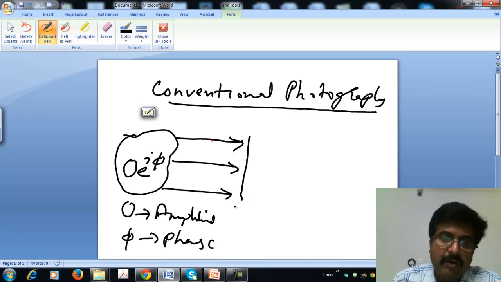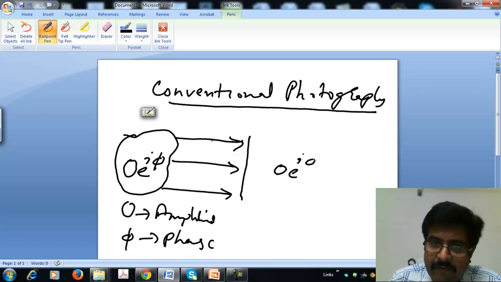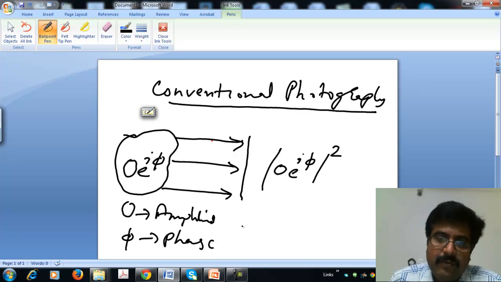digital or analog, or a photographic emulsion, the process is |O e^(i phi)|^2, because all detectors are square law by nature. So we call them square law detectors. When this operation is done, what we get?